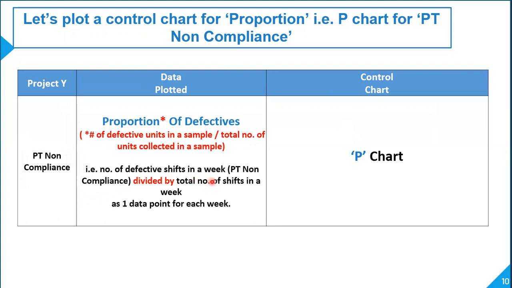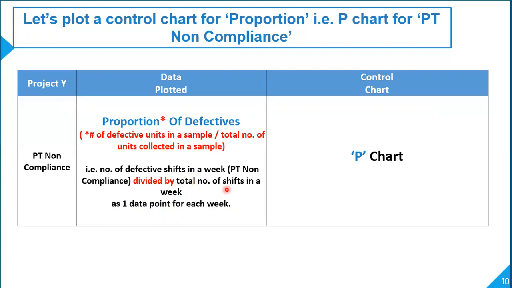Now, defective shifts are those shifts where average processing time is beyond 270 seconds per unit. So the number of defective shifts in a week divided by the total number of shifts in a week is one data point for each week. This is how we're going to calculate: a proportion of defective shifts to the total number of shifts in a given week.